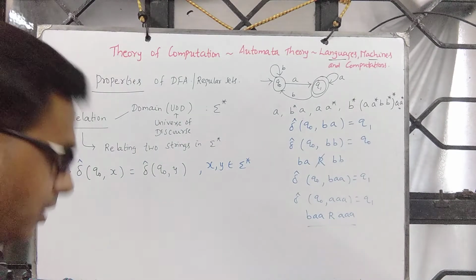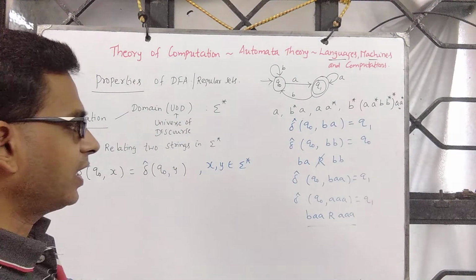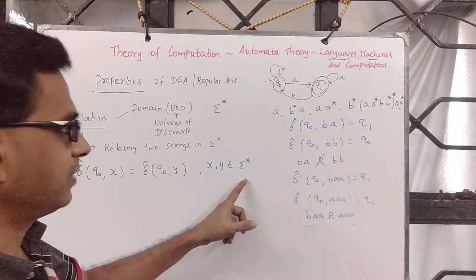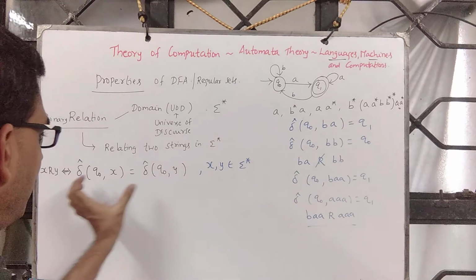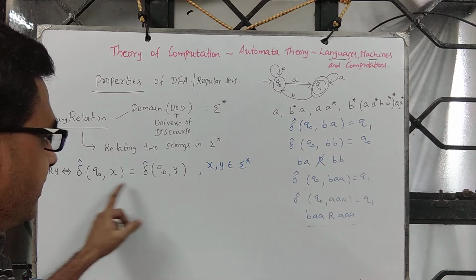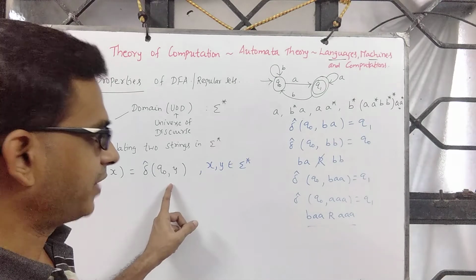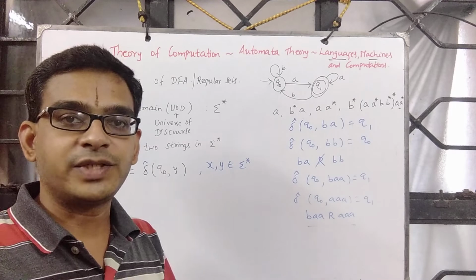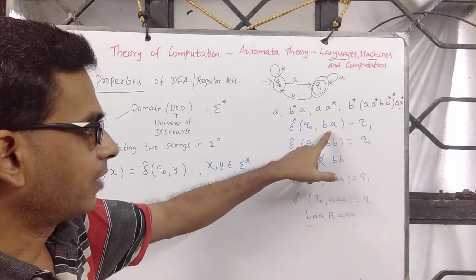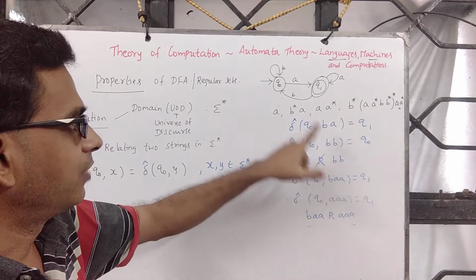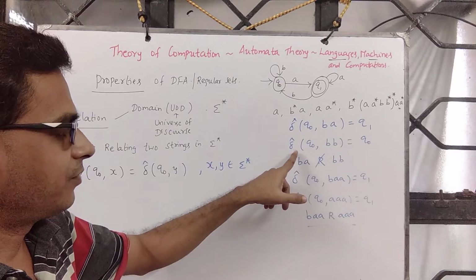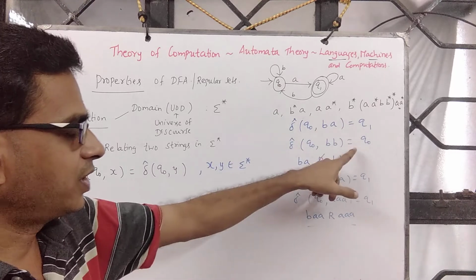Fine? So what are we saying? Look at any two strings in sigma star and look at this. If delta of q naught comma x is the same as delta of q naught comma y, then those two strings are related. For example, BA and BB, for BA output is Q1 and for BB output is Q naught.